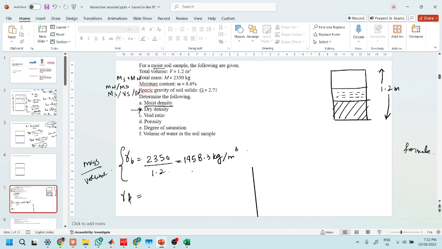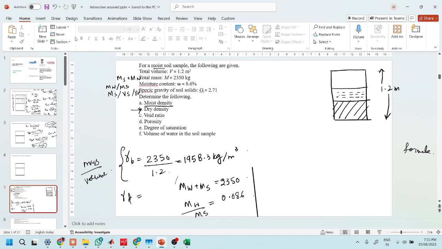We know that mass of water plus mass of solids equals 2350 and mass of water by mass of solids equals 0.086.